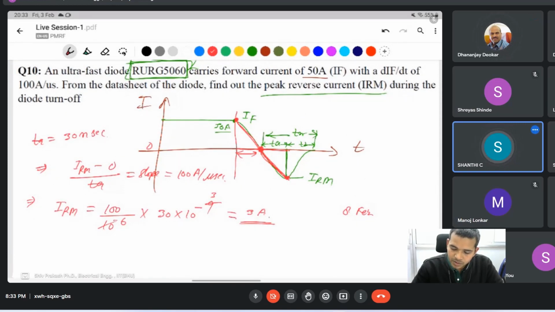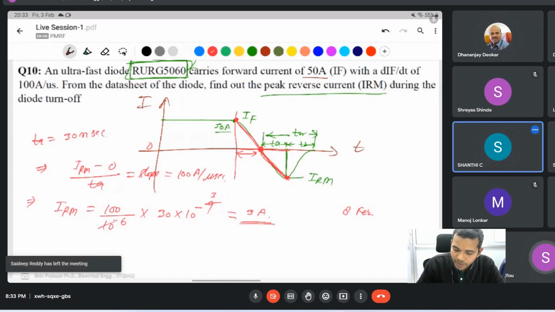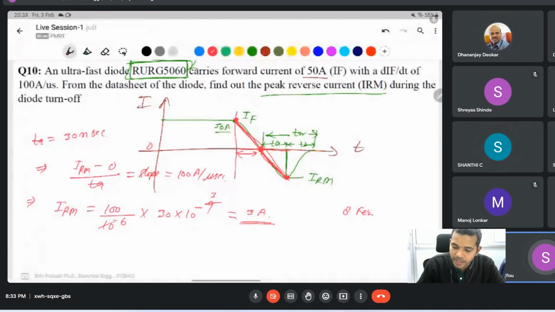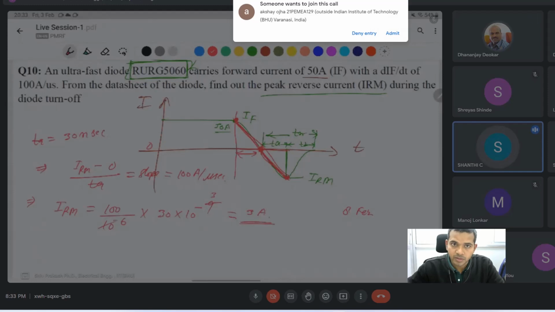I'm asking, sir. Yeah, this one of forward current is the slope. This one from here to here is the same slope. So dIF and IRM is the same slope, not changes. Then you can use the same slope for both reverse and forward current.